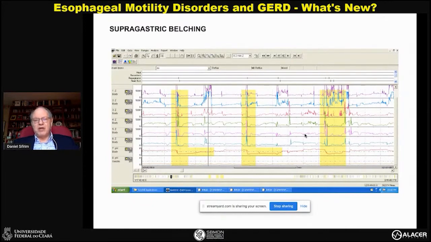Very important to diagnose with impedance, because the treatment of supragastric belching should be done not with PPIs, not with anti-reflux surgery, but with cognitive behavioral therapy and/or addition of baclofen in low doses. This diagnosis cannot be made by pH metry.